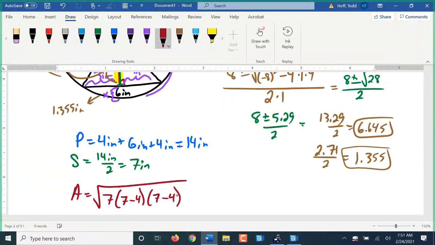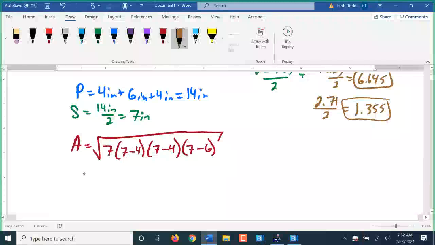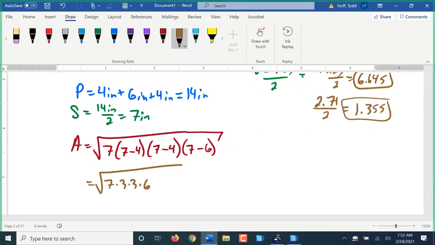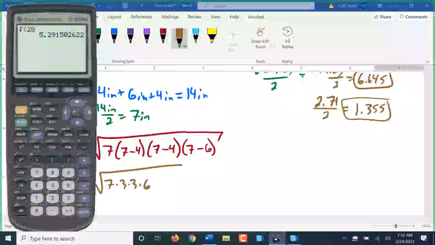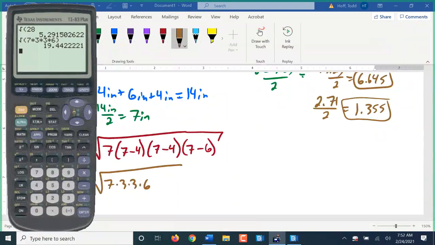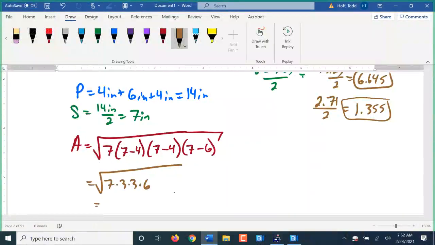Semi-perimeter minus the next shortest side, which is also 4. Times the semi-perimeter minus the longest side, which is 6. Square root of 7 times 3 times 3 times 6 is 19.442 square inches. That's the area of that triangle.